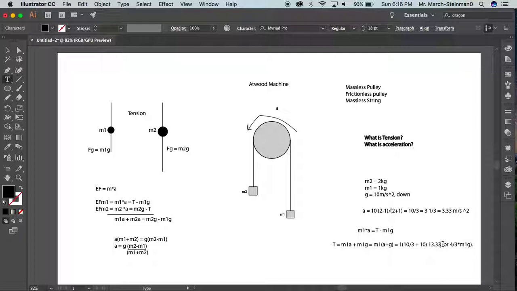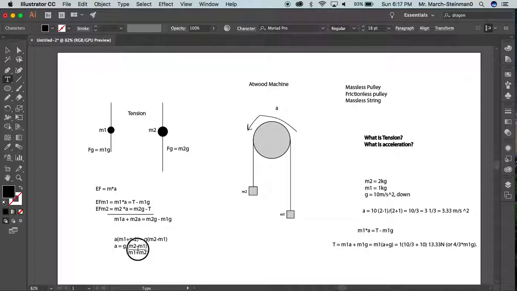So 13.33 newtons of tension in this case. So that 13.33 newtons goes up this way, and it goes down this way, and we have a tension value and we have an acceleration value for this system. Now, if we have the equations here, as long as you don't make the same mathematical mistakes I did, you will get a value for any situation if you just plug in numbers.